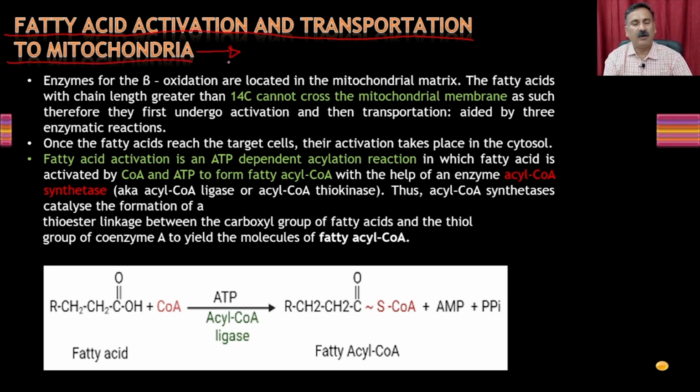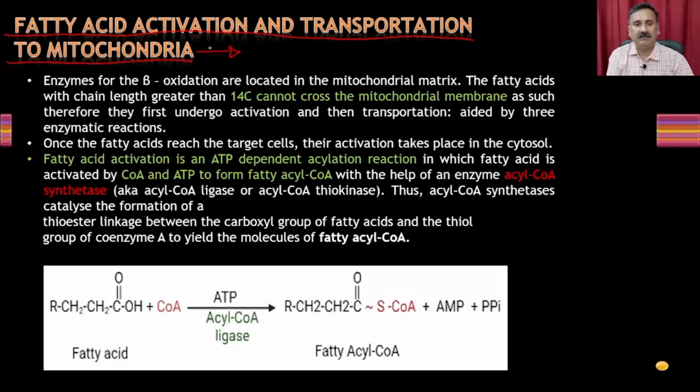If you recall, in carbohydrate metabolism, a glucose molecule taken up into the cell is phosphorylated, and only then is the molecule in an activated state, and that's how it is committed to glycolysis. Same is true in the case of beta oxidation. You have to activate the fatty acids so that they are committed for energy production, and then they will be transported into the mitochondria.